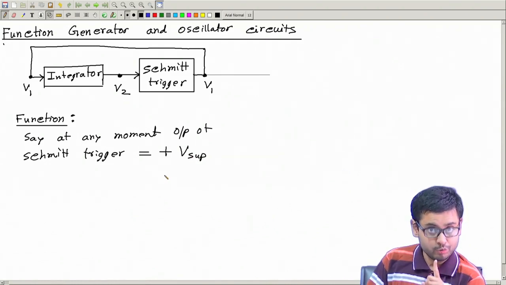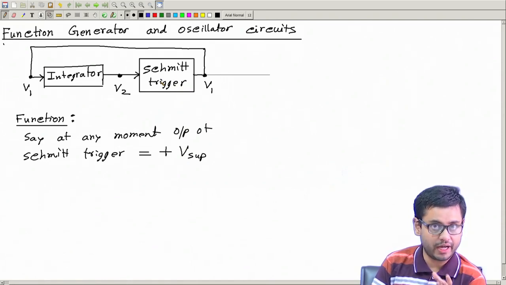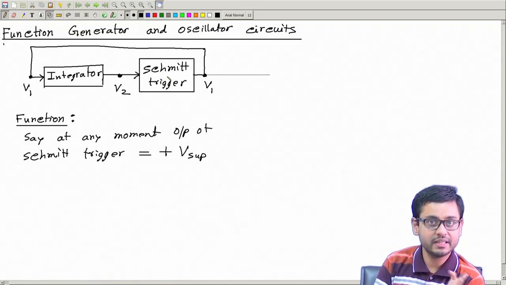You know, the Schmitt trigger is made up of an op amp, and its output can take only two stable values, either the positive supply voltage of the op amp or the negative supply voltage of the op amp.